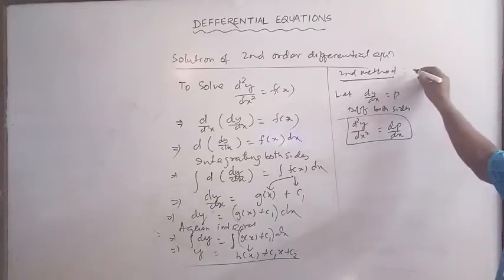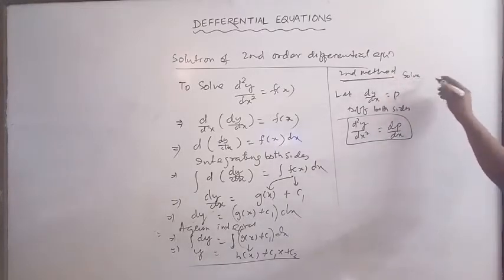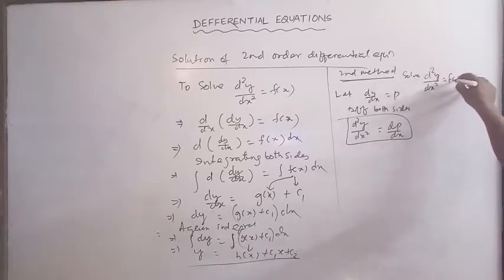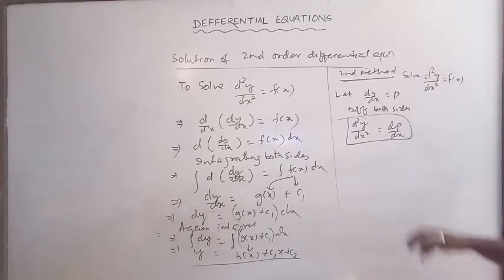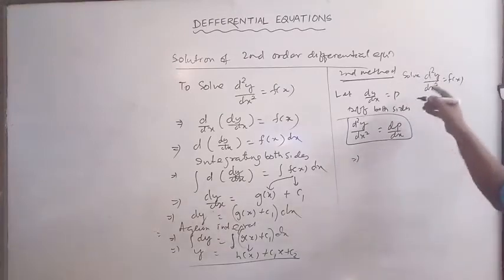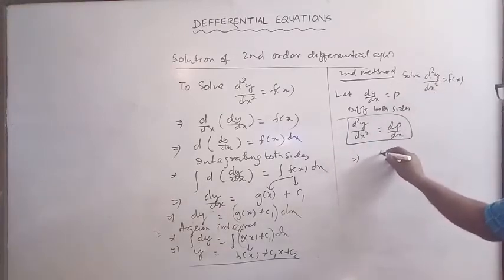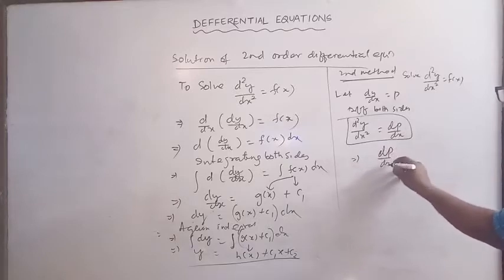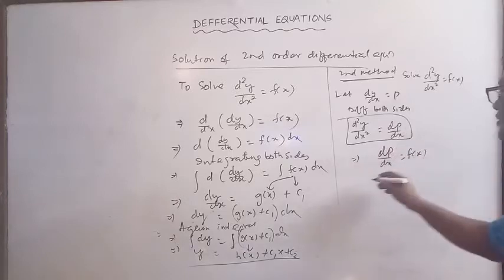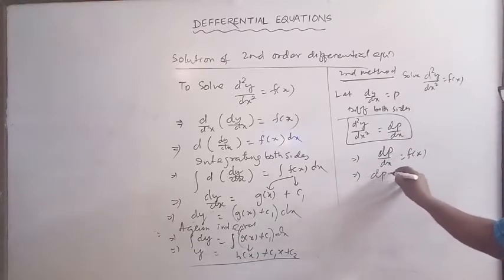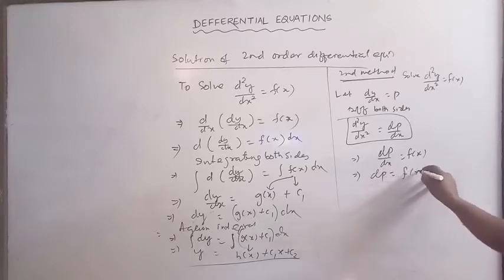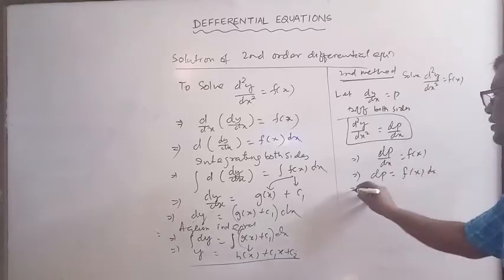To solve d square y by dx square is equal to f of x, put dp by dx is equal to f of x. So dp is equal to f of x into dx.